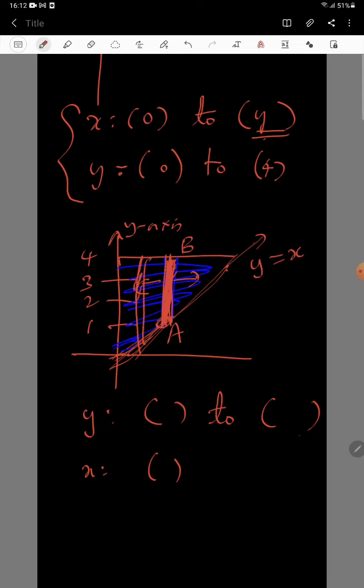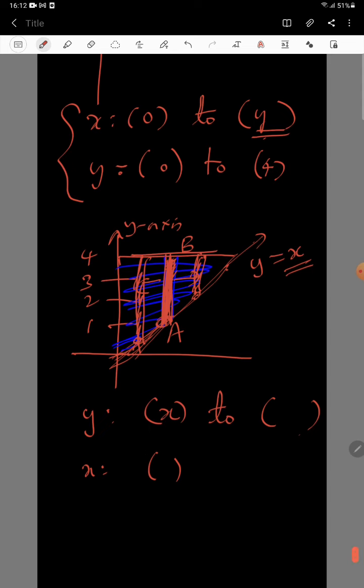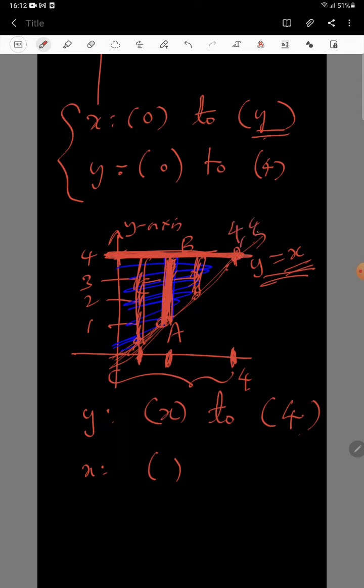If I take a strip here or here, the starting point is nothing but x, so it starts at x, and the ending point is the same, 4. Now this strip has some x value, so x goes up to the maximum, and y equals x means x should be 4 here, because this point is 4 comma 4. Therefore x varies from 0 to 4.